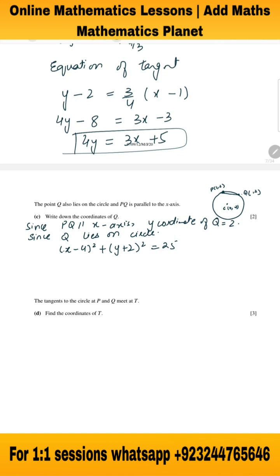Now Q lies on the circle, so we have (x minus 4) whole square plus 2 whole square, which is equal to 25. So it will give us (x minus 4) whole square, which is equal to 9. So x minus 4 is equal to plus or minus 3. x is equal to plus 3 plus 4, so x is equal to 7 and x is equal to 1.